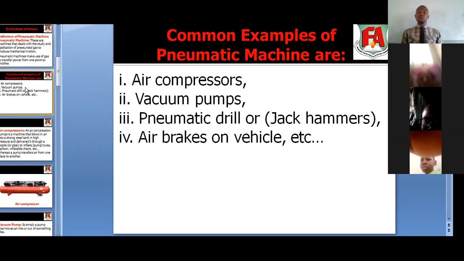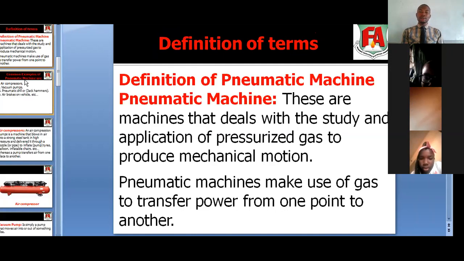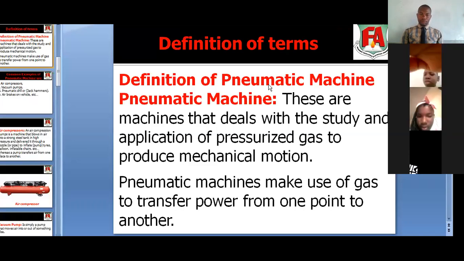We'll look at the common examples of pneumatic machines.